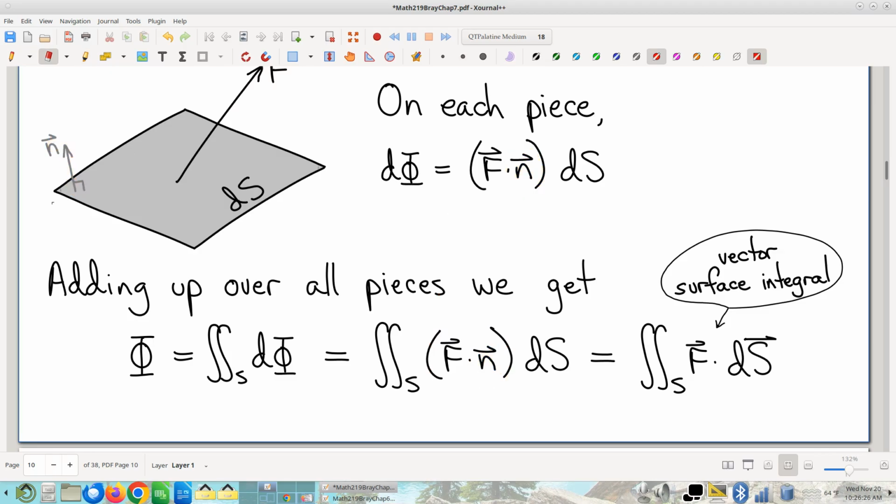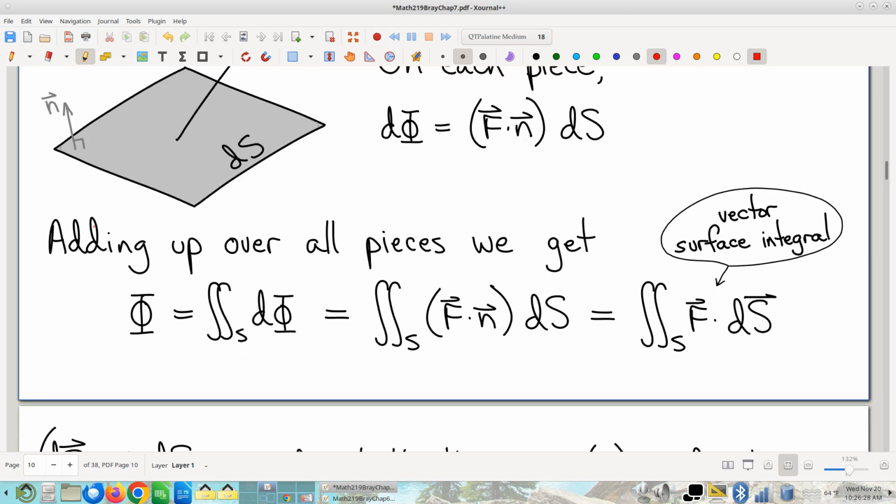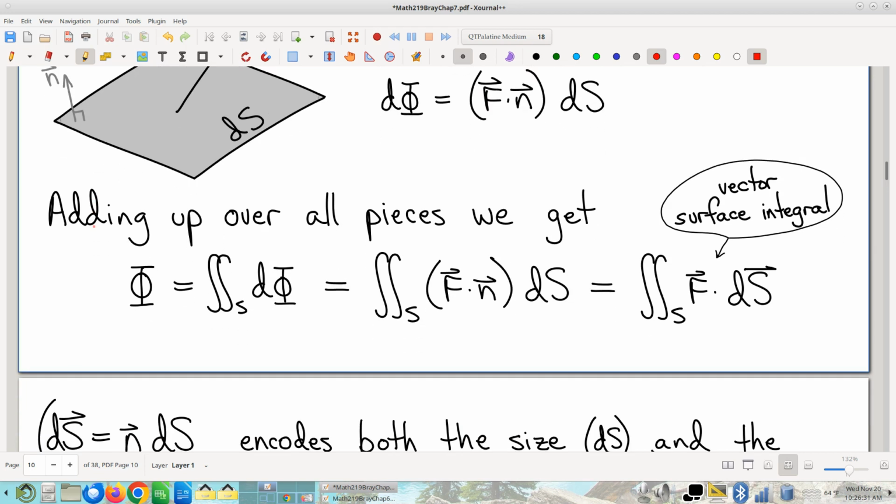I like to think of differentials as talking about the domain, and integrands as talking about what you're doing at different points on the domain, but not really being dependent on the domain. So I like to rewrite, and this is very common, by the way, our book does this as well. These two things, we pair them together and call them the ds vector.